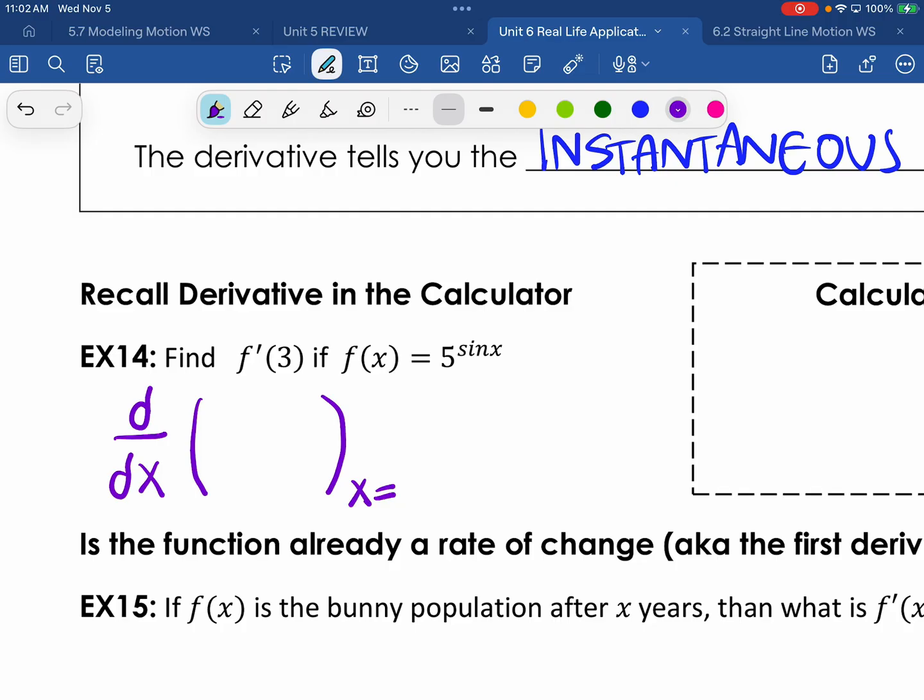You are not taking the derivative by hand. We're letting the calculator do all the work. So we are going to type in the exact function, and you're going to make it x equals 3. And so the calculator will take the derivative and plug in 3 for you. And it's going to give you negative 1.999.